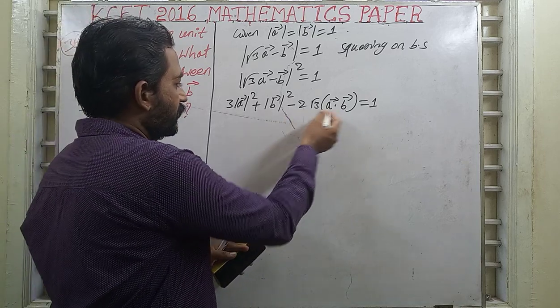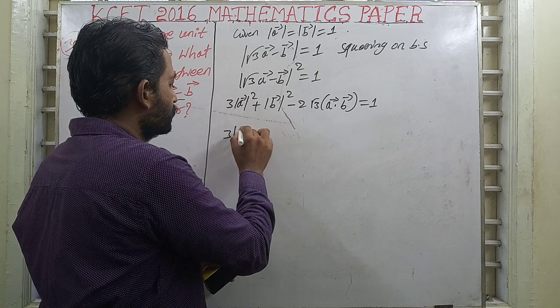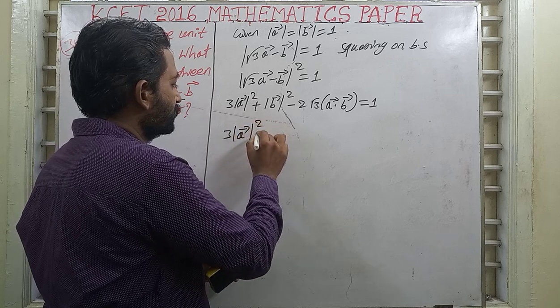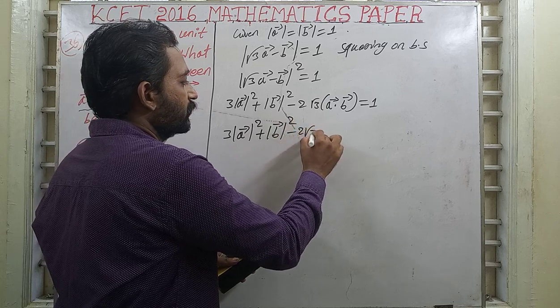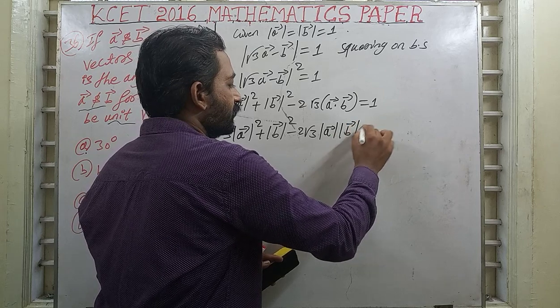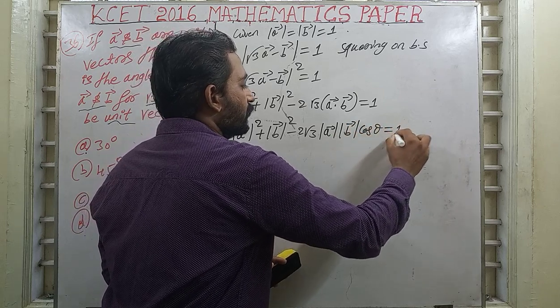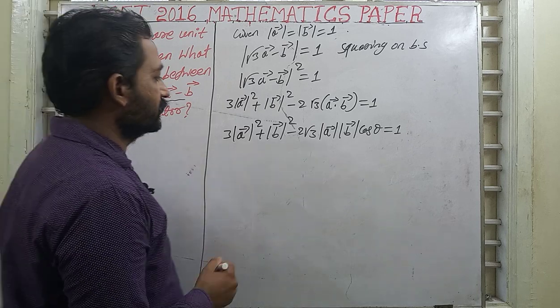So in this case we can write the left hand side as 3 into magnitude of a square plus magnitude of b square minus 2 root 3 a dot b, which is nothing but magnitude of a magnitude of b into cos theta, equal to 1. Now substitute the values, magnitude of a and magnitude of b are 1.